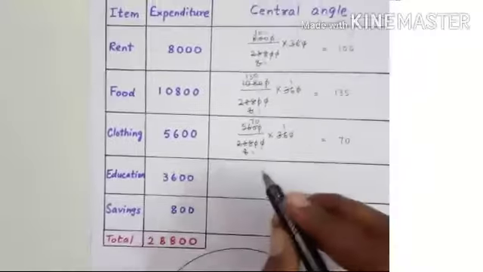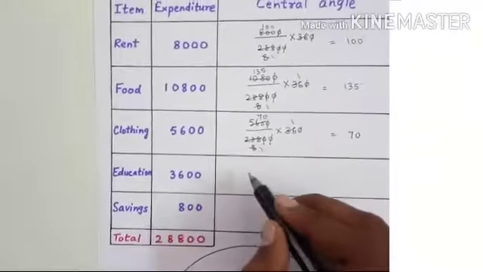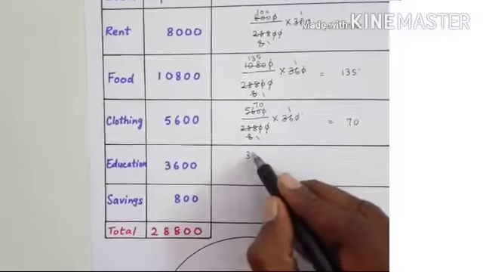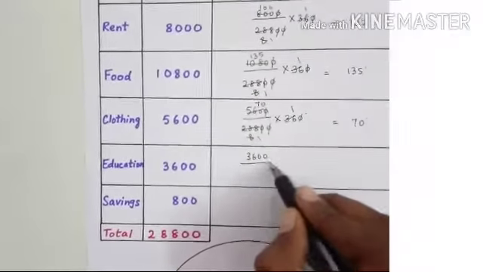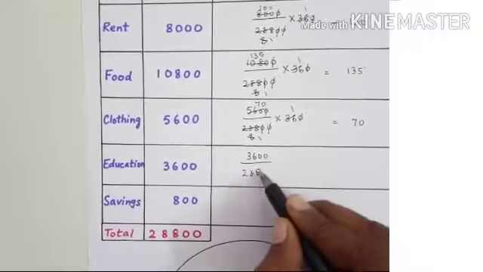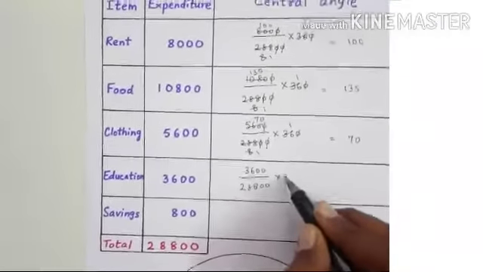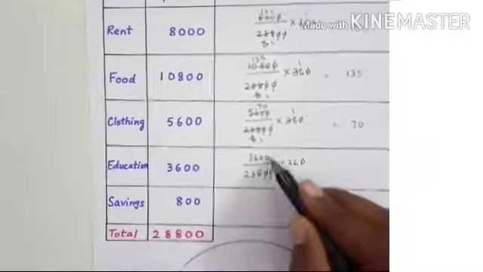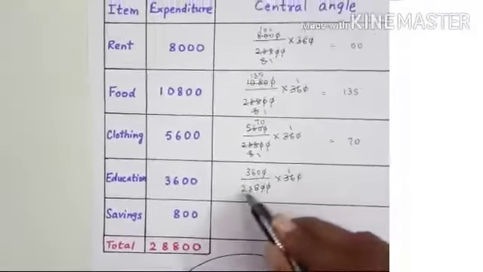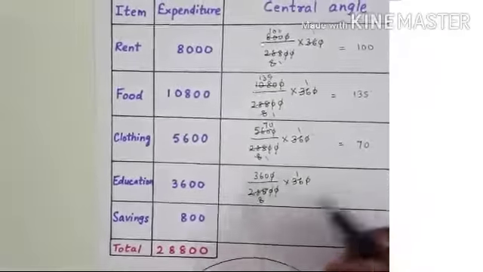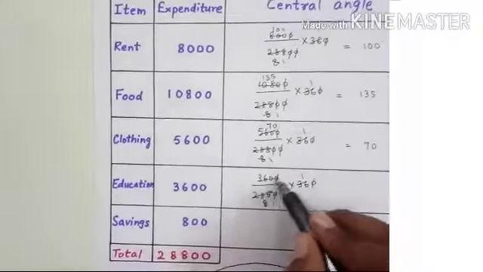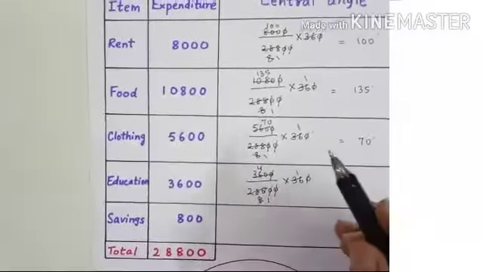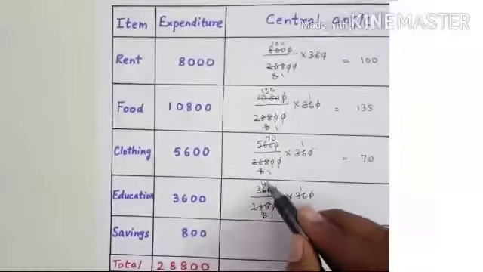In this way we will find the central angle for education. Expenditure on education is 3600 out of 28,800 into 360. 0 and 0 cancel, again 0 and 0 cancel. 36 ones are 36, 36 eights are 288, and 8 ones are 8, 8 fours are 32, remaining is 4, 4 and 0 make 40, 8 fives are 40.